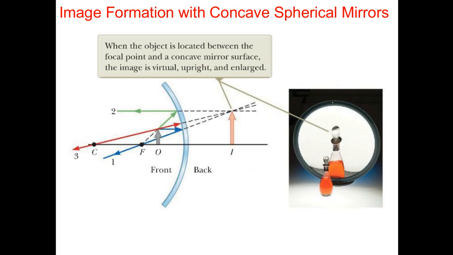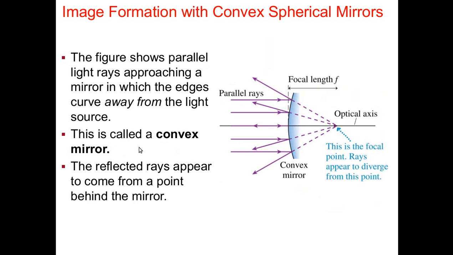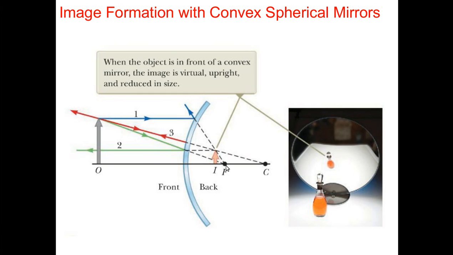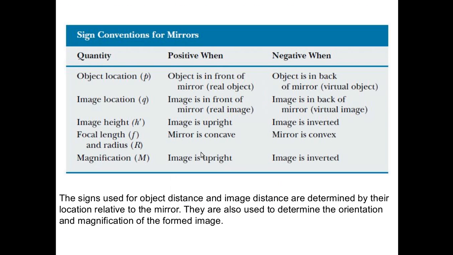So positive focal length, concave mirror; negative focal length, convex mirror. And that's what this says right here. Basically for mirrors, if something's on the left side it's positive, if something is on the right it's negative. And the focal length is positive for a concave mirror and negative for a convex mirror.